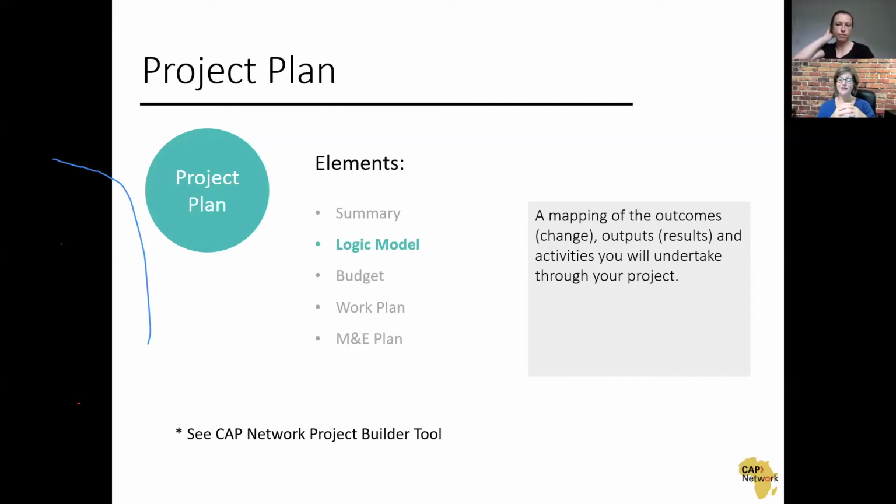And then you think through, okay, in order to achieve that change, what are the more immediate or short-term changes that we first need to create? And then what are we going to do to achieve those changes? It's a logical sequencing that basically is your hypothesis for what your project is going to accomplish and how you're going to do it.